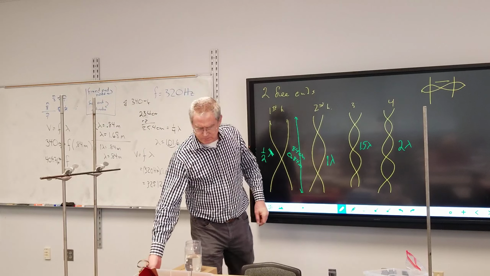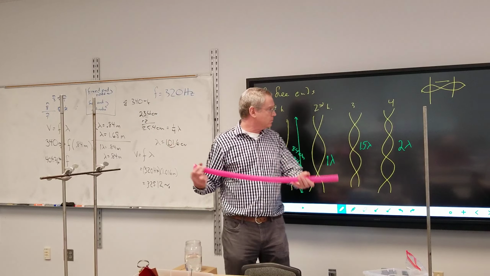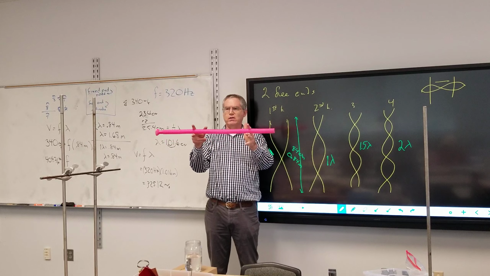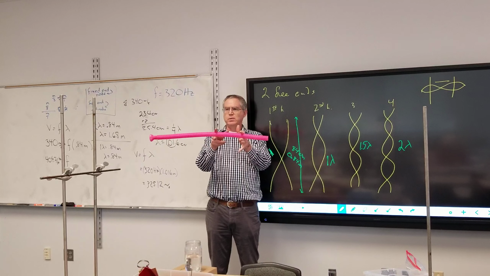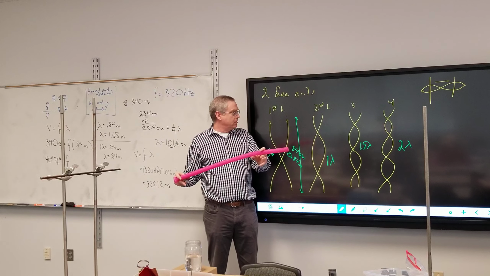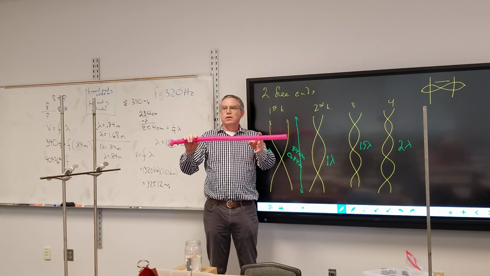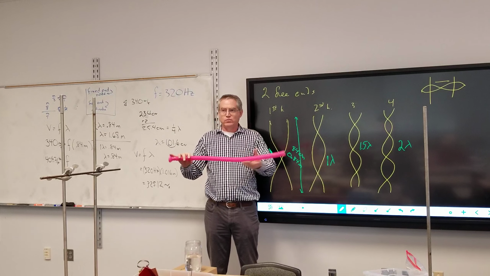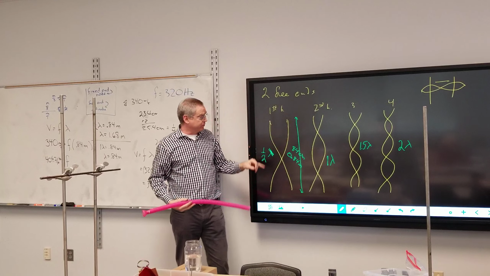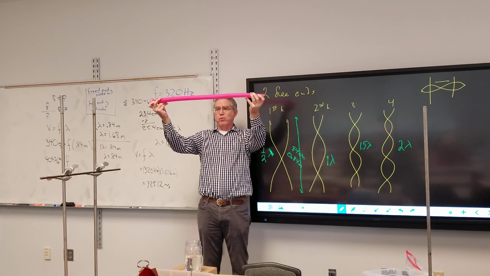Because in the second harmonic, we have an antinode at each end, and then we have a node roughly here and here, and then another antinode in the middle. So for the second harmonic, that's one full wavelength, is that long. For the first harmonic, the first time we did it, that's a half a wave.